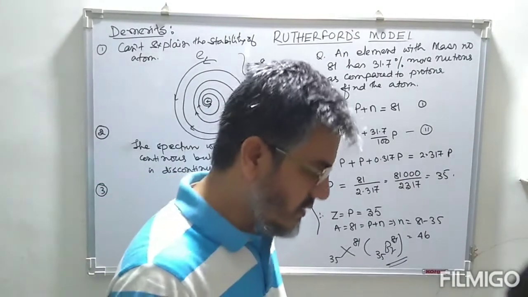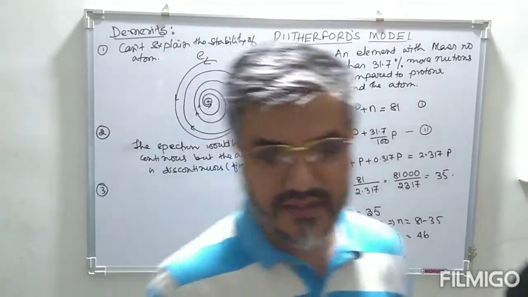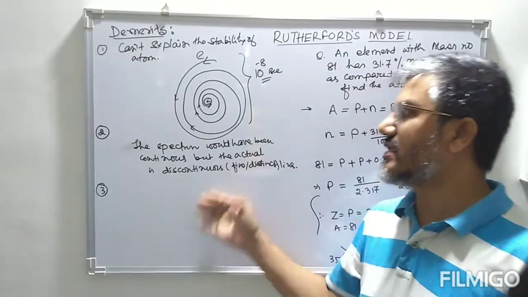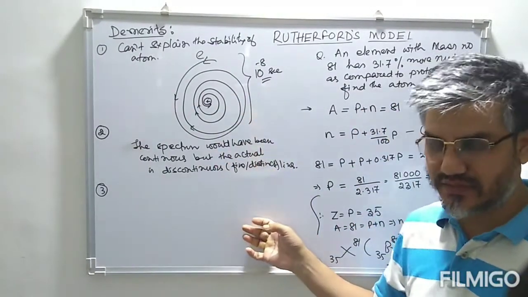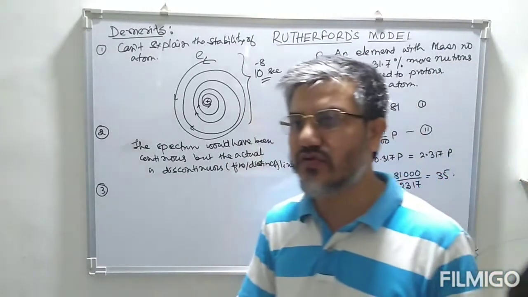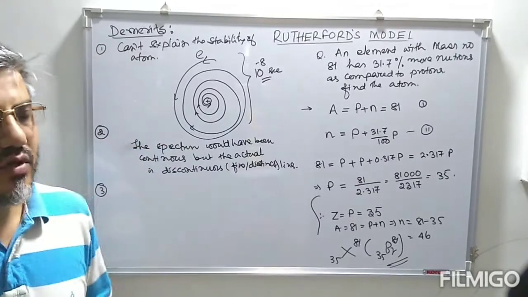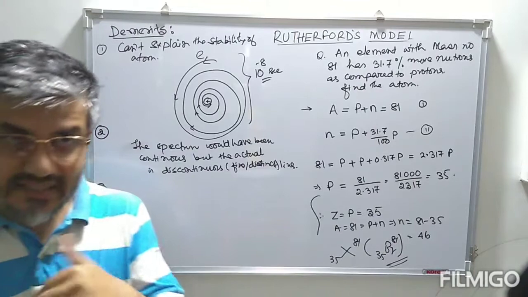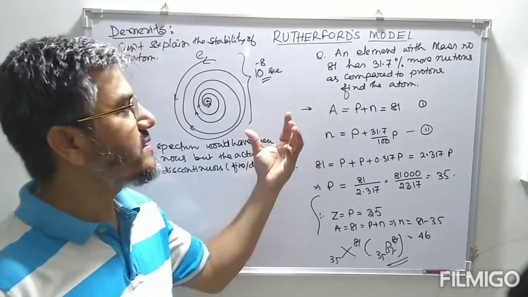The third demerit or disadvantage of Rutherford's model is, though the theory says electrons are moving around the nucleus in circular orbits, he never describes or explains how many electrons should be placed in a particular given orbit. That means the exact distribution of electrons could not be explained by this model.